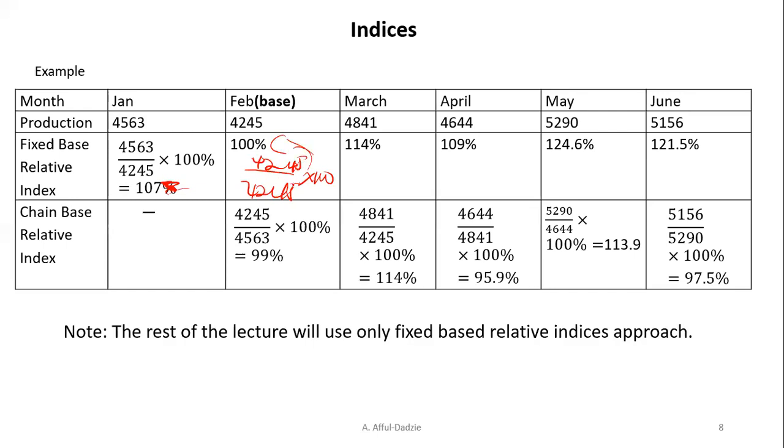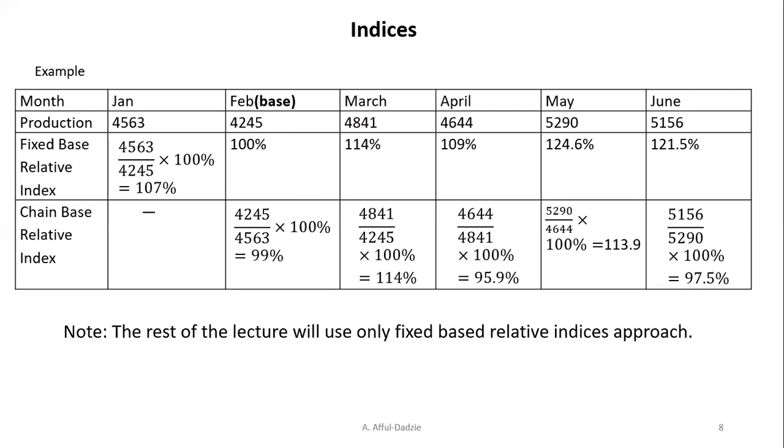All right, but going beyond this, if you look at March, April, May, June, they all have different stuff. That is all we're doing also. For the chain-based period, the understanding is that the period immediately before our current period of interest is our base period.